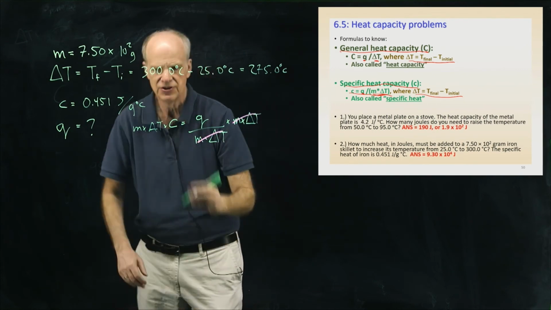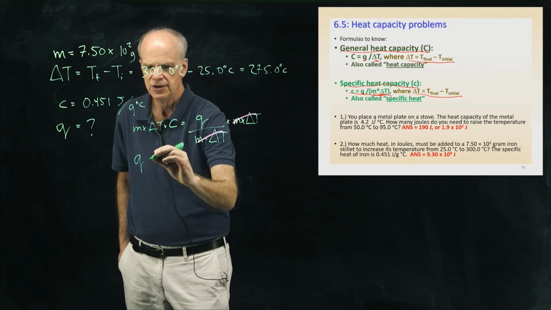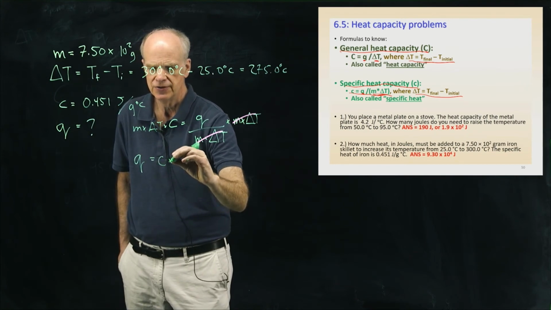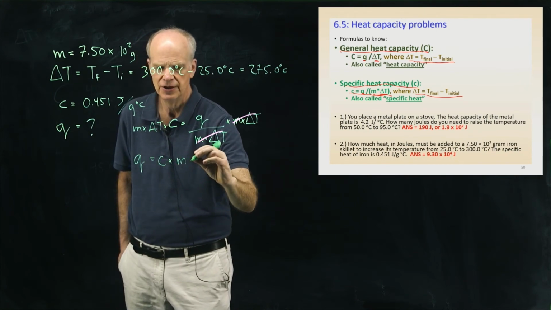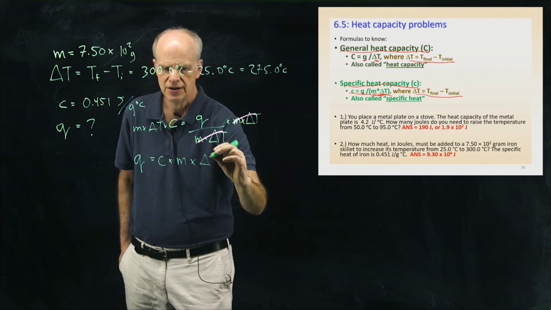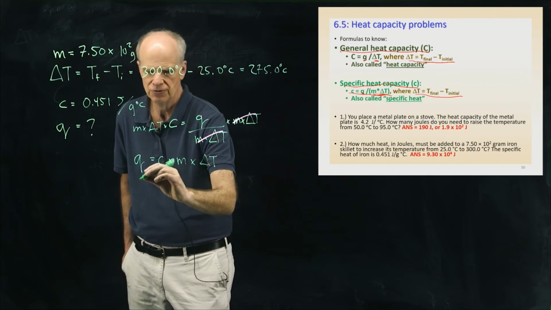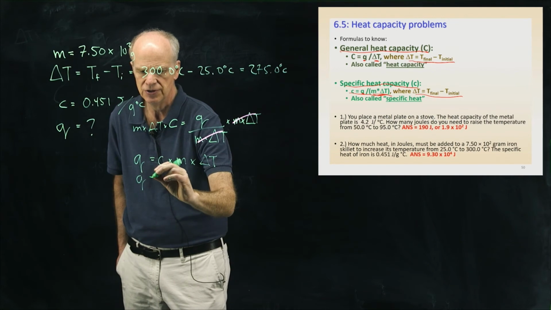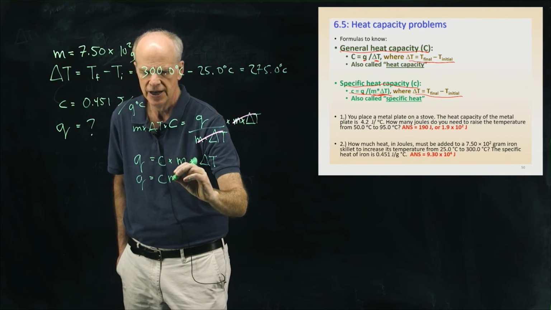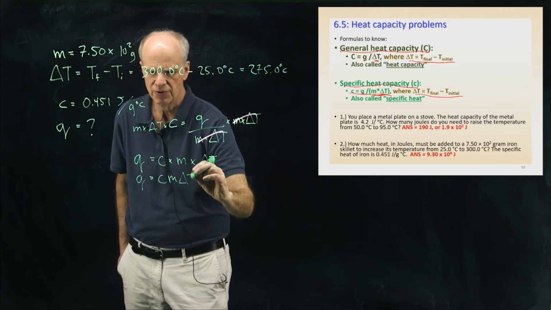So now we have Q is equal to little c times M times delta T. Usually you'll see it like this: Q is equal to c M delta T. So that's one way of writing it.